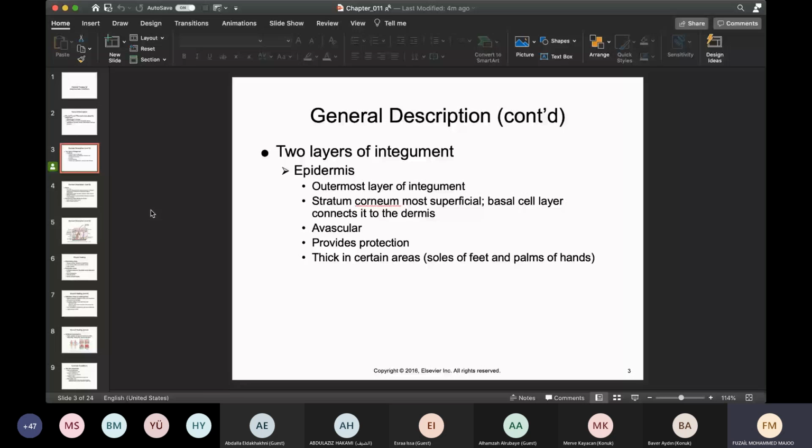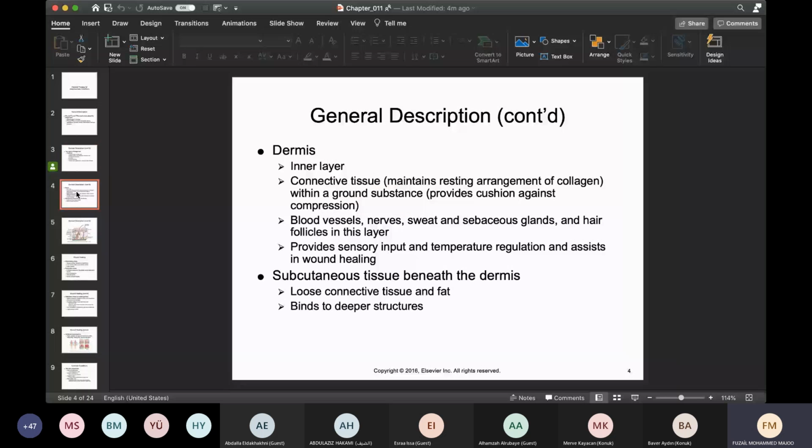When we look at the dermis, this is going to be the innermost layer. Again, this consists of connective tissue, and within the connective tissue there's a ground substance that's present. So blood vessels, nerves, your sweat glands, as well as sebaceous glands, including hair follicles, these are all going to be found in the dermis.